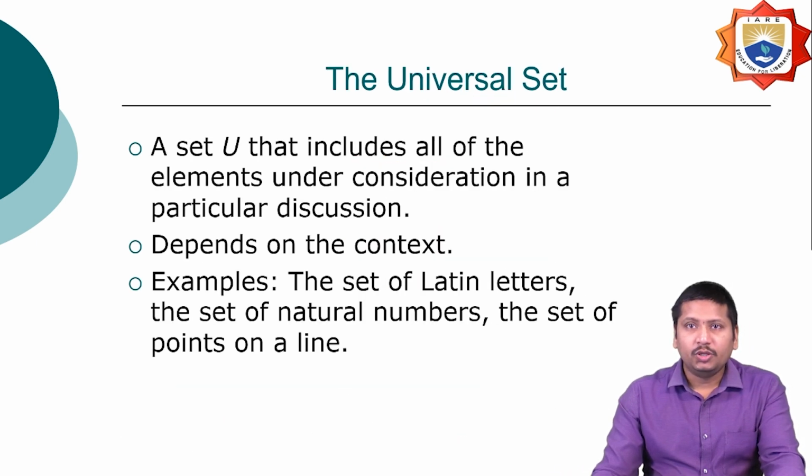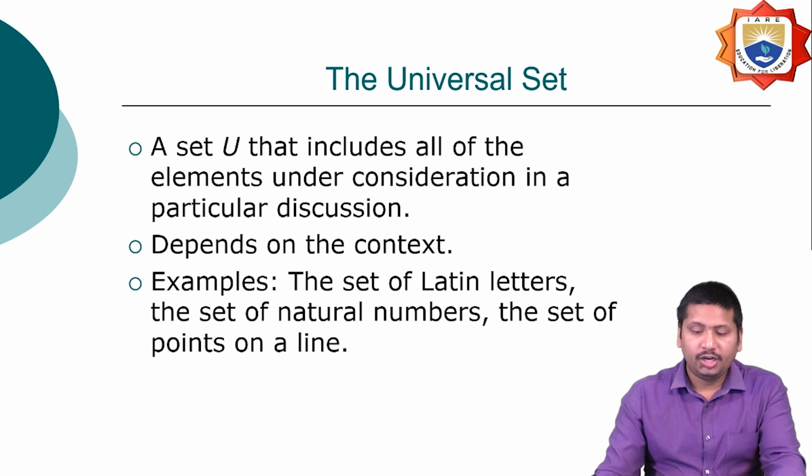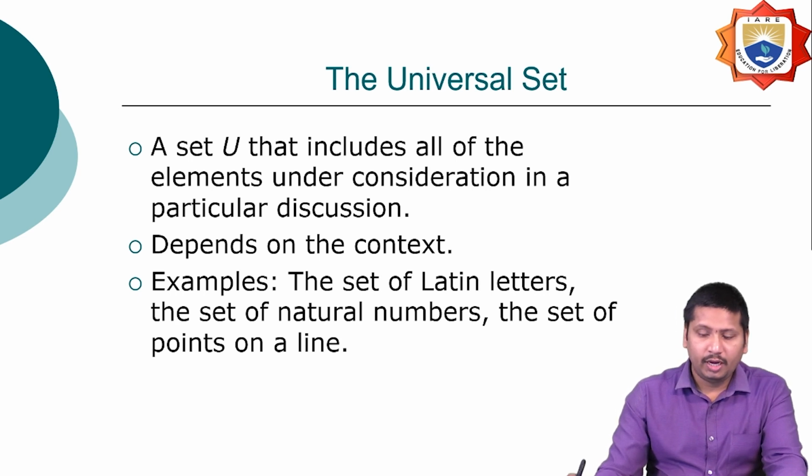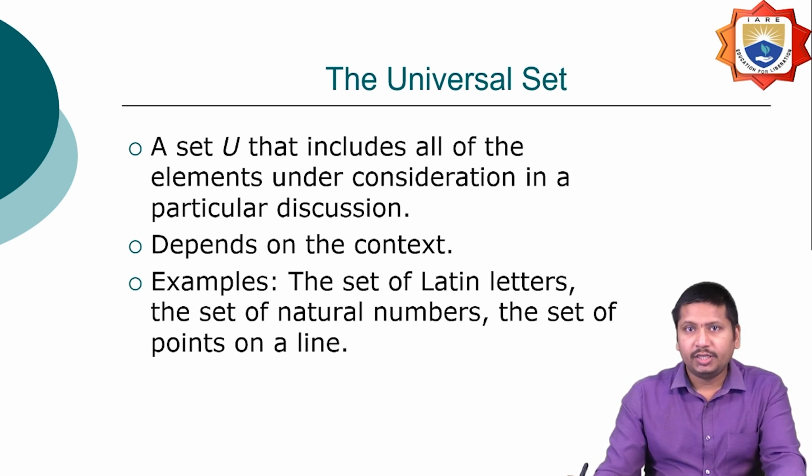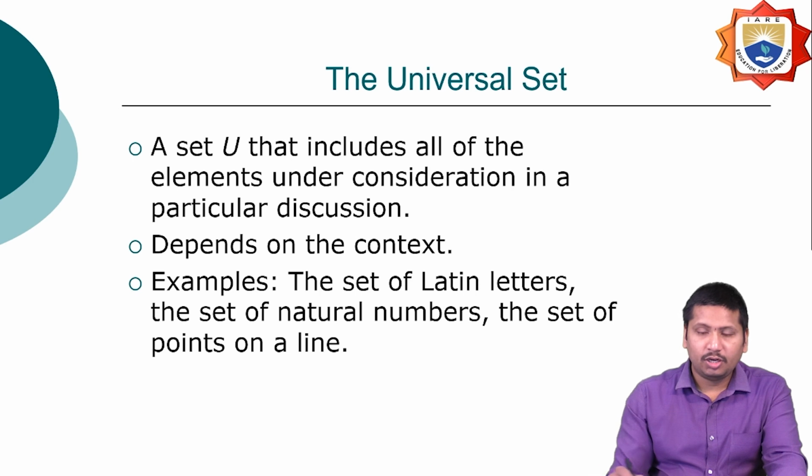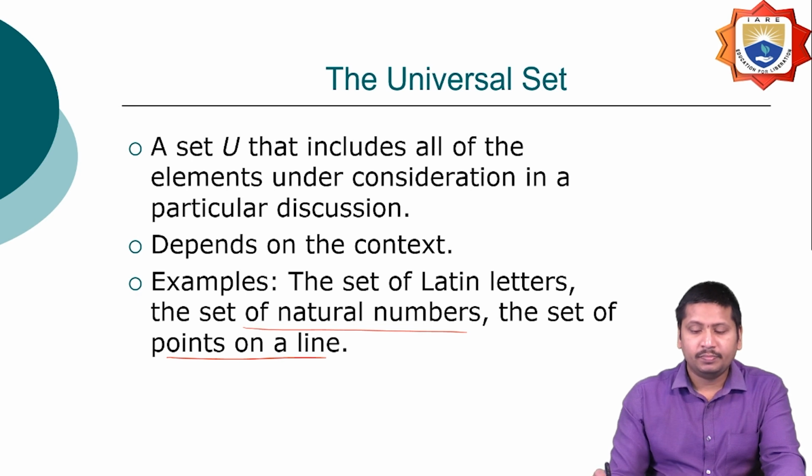And the next one is the universal set. The universal set includes all the elements under consideration in a particular discussion, depending on the context. For example, the set of Latin letters, the set of natural numbers, and the set of points on a line.